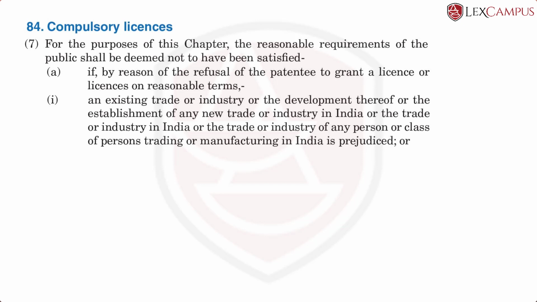A patentee, if he does not grant license, then an existing trade or an industry in India or the development of that industry is affected. So, it is like what we can call a technology hold up. The patentee who has a technology is not giving it, and because it is not given, a trade or an industry is prejudiced or it is affected adversely.